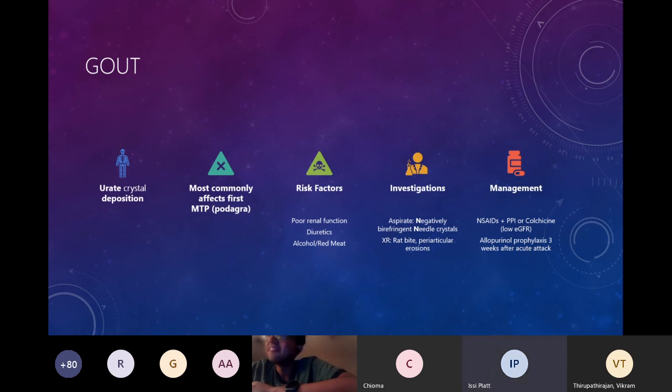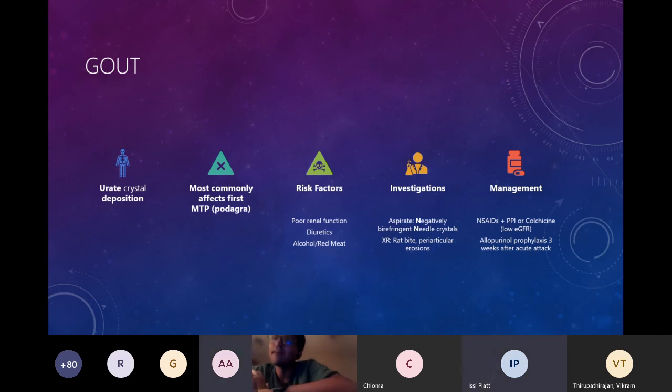Gout is negatively birefringent needle-shaped crystals, whereas pseudo gout is rhomboid positively birefringent crystals. Risk factors for gout are high purine diets, like seafood and meat, chronic kidney disease, being overweight. It's classically an older overweight man, whereas pseudo gout is more common in females, I think.